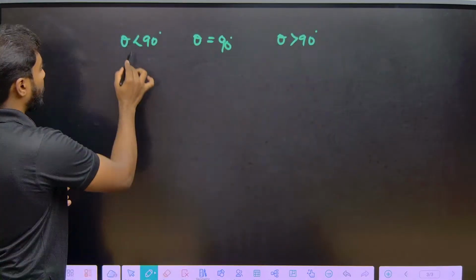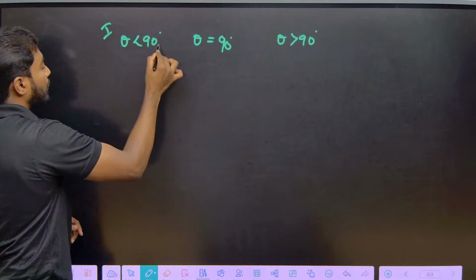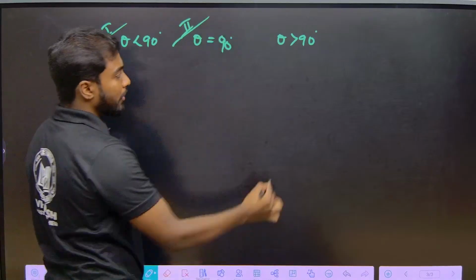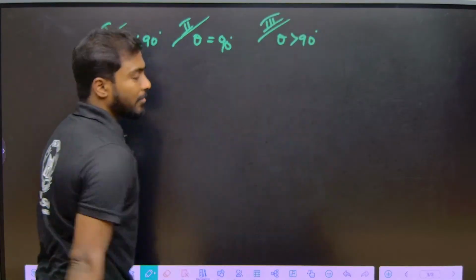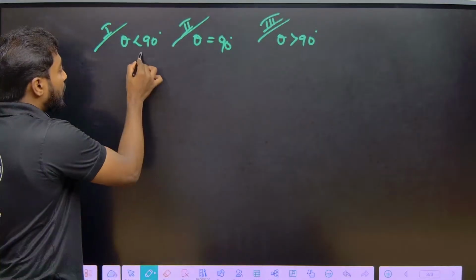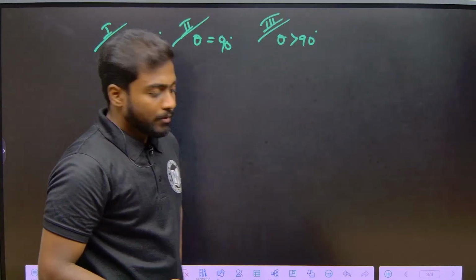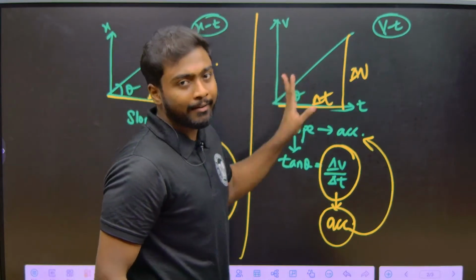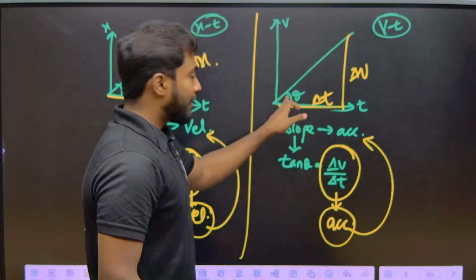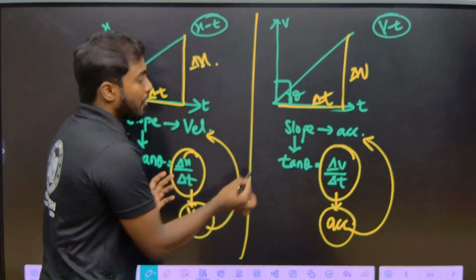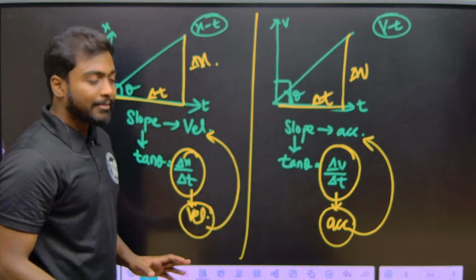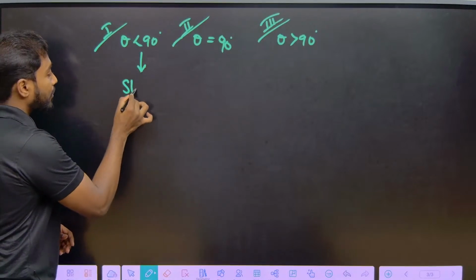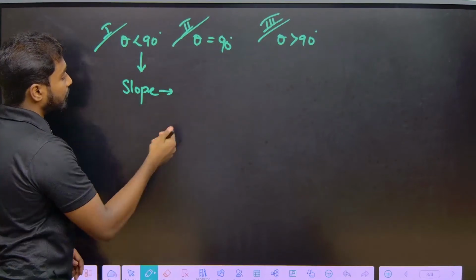So condition number 1 is theta is less than 90, condition number 2 is theta equals 90, condition number 3 is theta is greater than 90. Whenever theta is less than 90, see here in this case, is theta less than or greater than 90? Yes, it is less than 90. See, this is 90 degrees, no? When I talk about only theta, it is less than 90, right? So when theta is less than 90, the slope is positive.